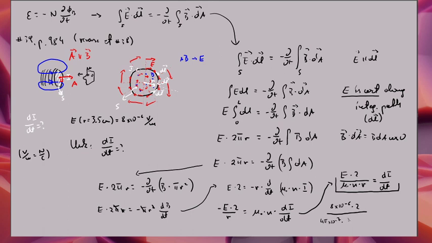I didn't state it, but n was given to us. N was the density of the loops, and for number 39, that was 400 turns per meter, so times 400. So maybe I'll add that piece of information. N is 400 turns per meter.